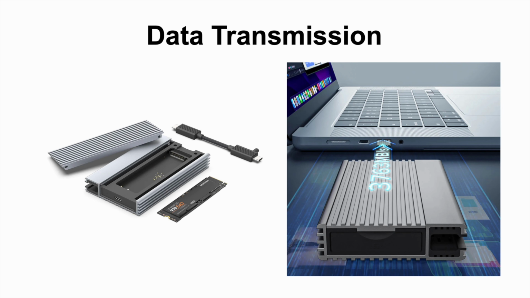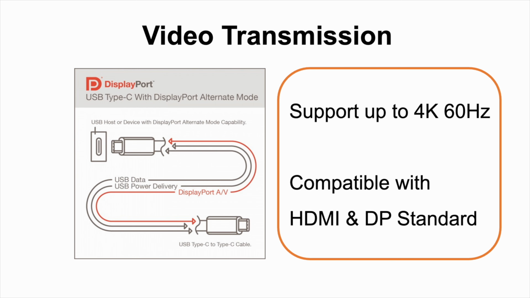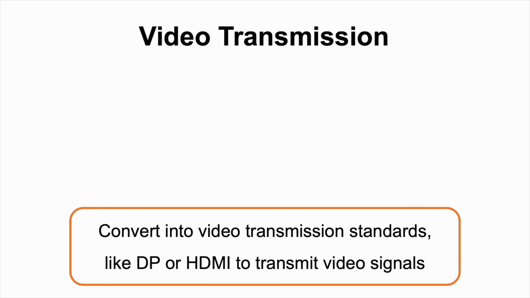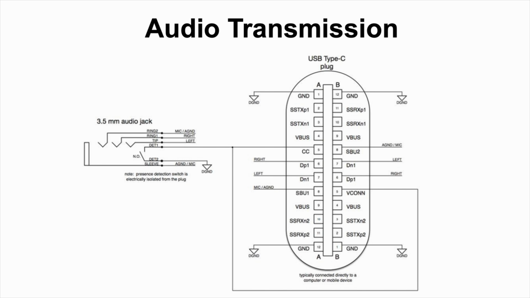Another well-known feature of USB-C is video transmission. It supports up to 4K 60Hz, but it needs to use video transmission standards like DP or HDMI to transmit video signals. Another lesser-known feature is the audio transmission. Since Apple canceled the 3.5mm headphone jack on the iPhone 7, it provided an alternative option inside the box, AirPods with Lightning connector.